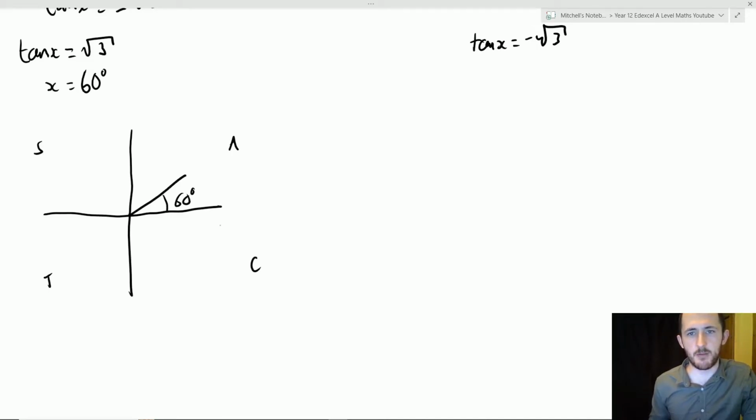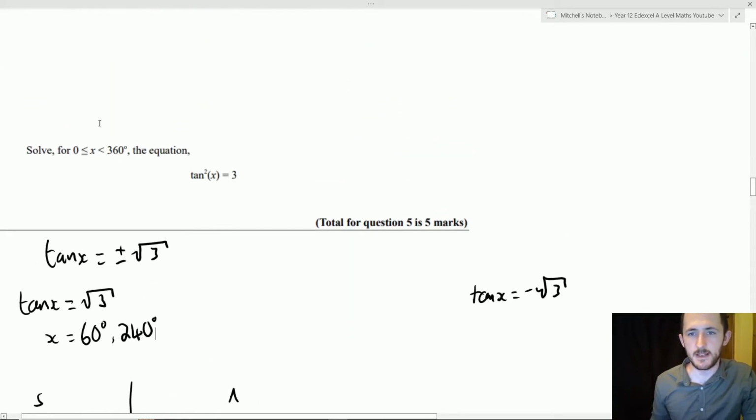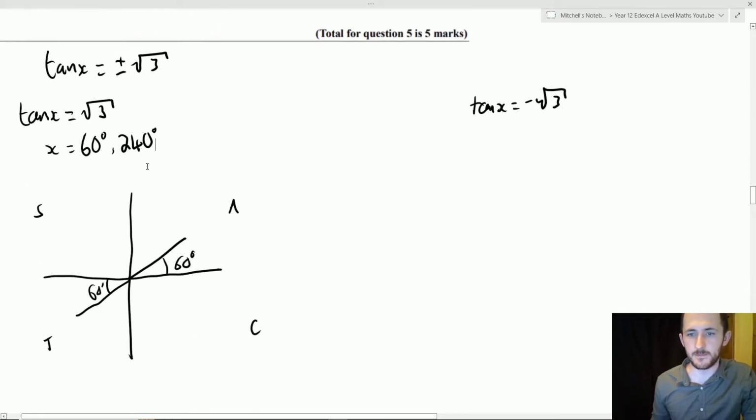And since this is a positive root 3, the other value would be here. So that would be 180 plus 60, which is 240 degrees. And if I go again, it would be 360 plus 60, which is 420, which is bigger than 360, so we're done. Those are our two values.